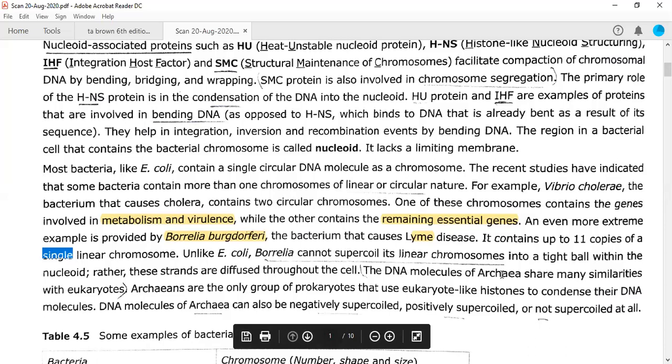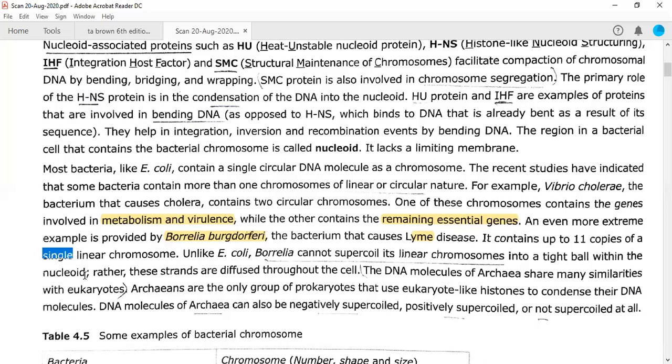DNA molecules of archaea share many similarities with those of eukaryotes. As you know, during evolution, the archaebacteria diverged much later from the prokaryotes, meaning these bacteria. So eubacteria are different, but the archaebacteria share certain similarities with the eukaryotes.